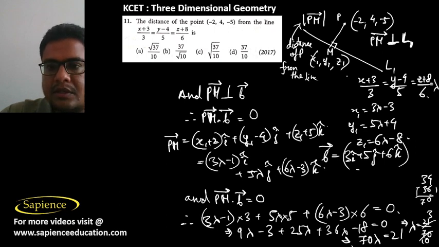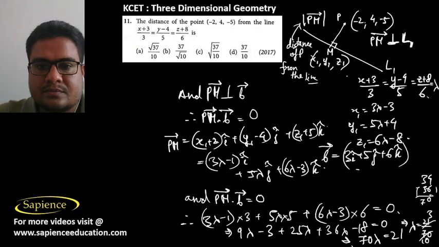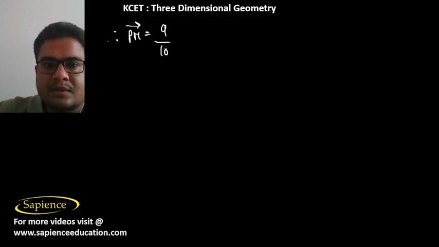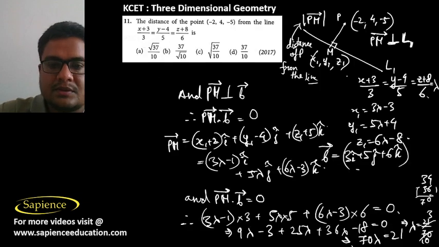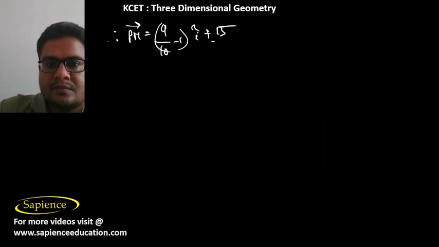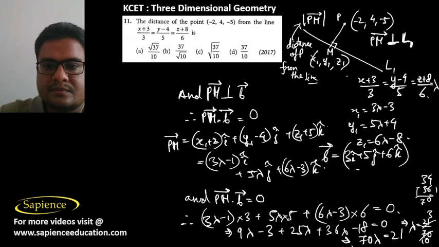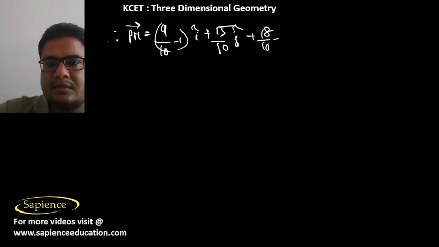Therefore, vector PM will be equal to (3 lambda, that is 9 by 10, minus 1) i cap plus (5 lambda, that is 5 3s are 15, by 10) j cap, (6 lambda, that is 18 by 10, minus 3) k cap.